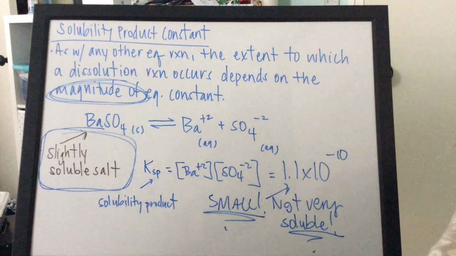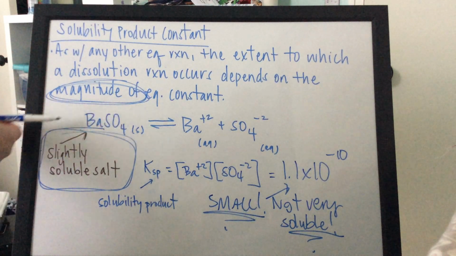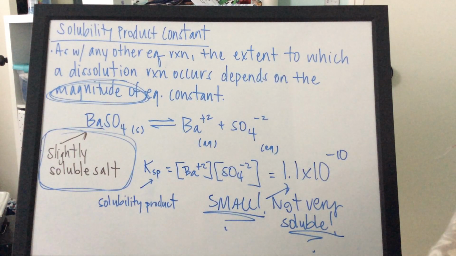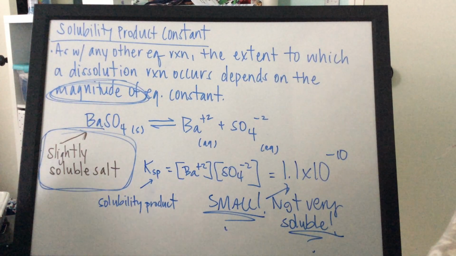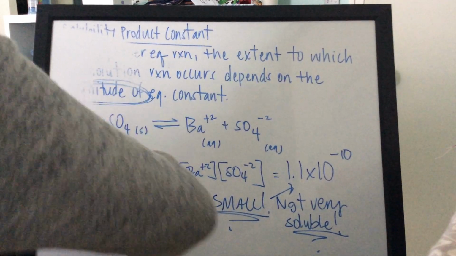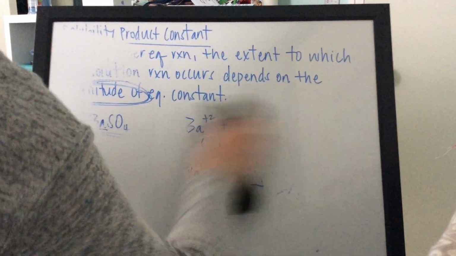We're never going to see sodium chloride or lithium nitrate, because those things are very soluble, and they don't establish an equilibrium. They only proceed to the right. So keep in mind these are your slightly soluble salts, or the ones referred to as being quote unquote insoluble, which we know is not the 100% correct way to explain that.